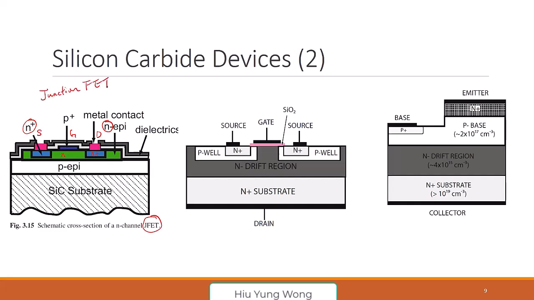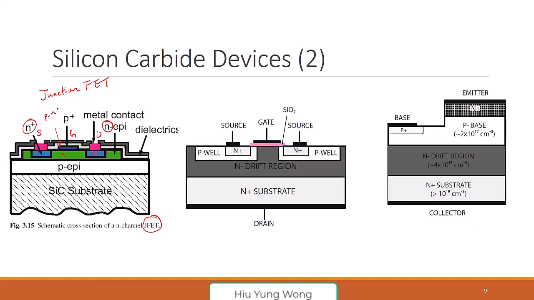This is an old device, even in the past in silicon. But what they do is that you don't have the PN junction along this line, but you make the gate a PN junction, right? This is a PN junction.